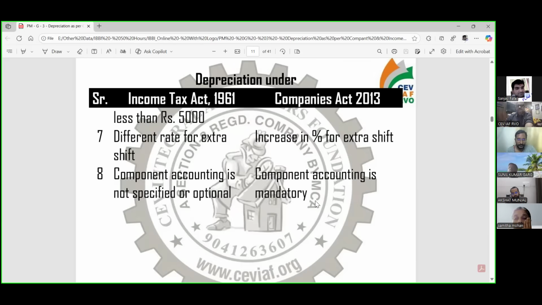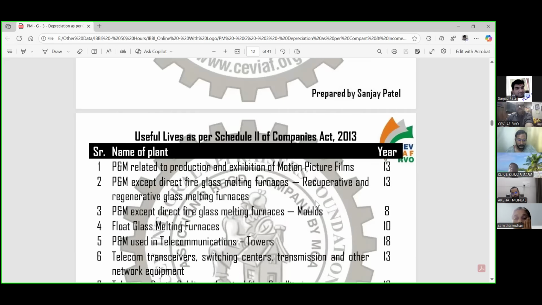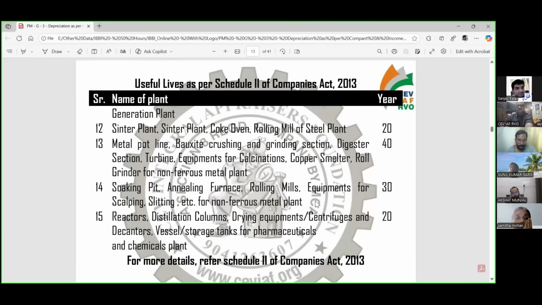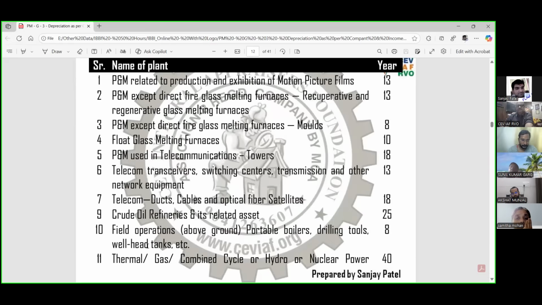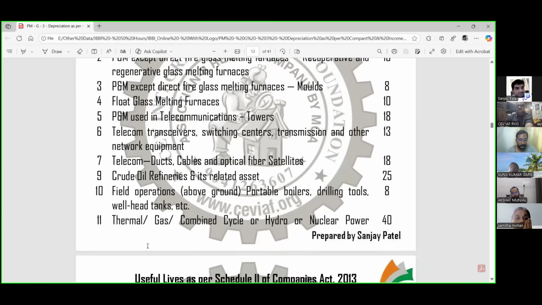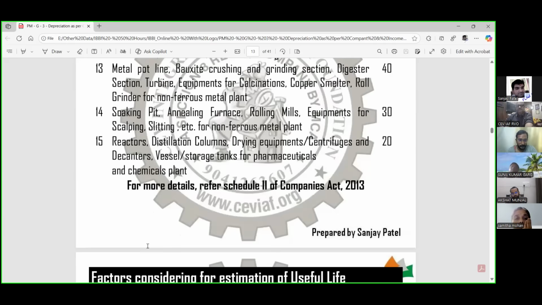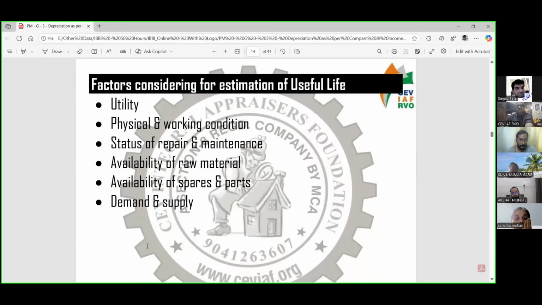So these are some of the useful lives described under the Company Act. You do not have to remember them, they are just for illustration purposes. The same factors are considered for the estimation of useful life. The same points we have discussed earlier also. So utility.